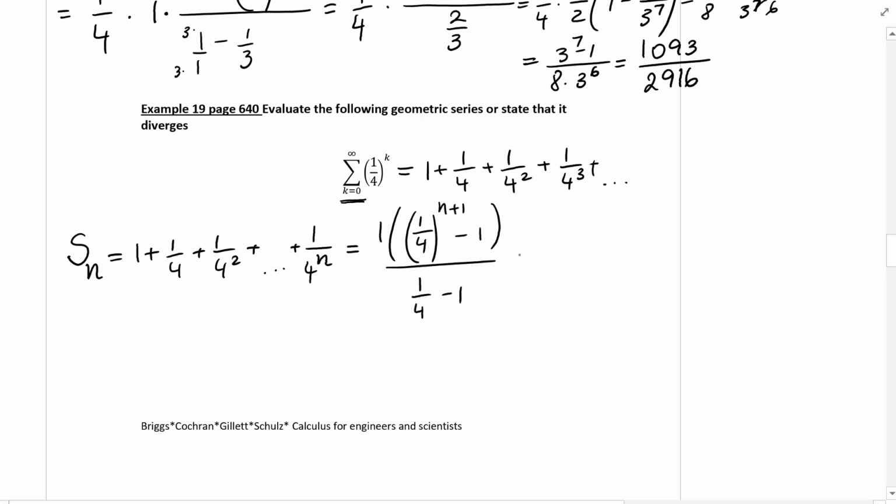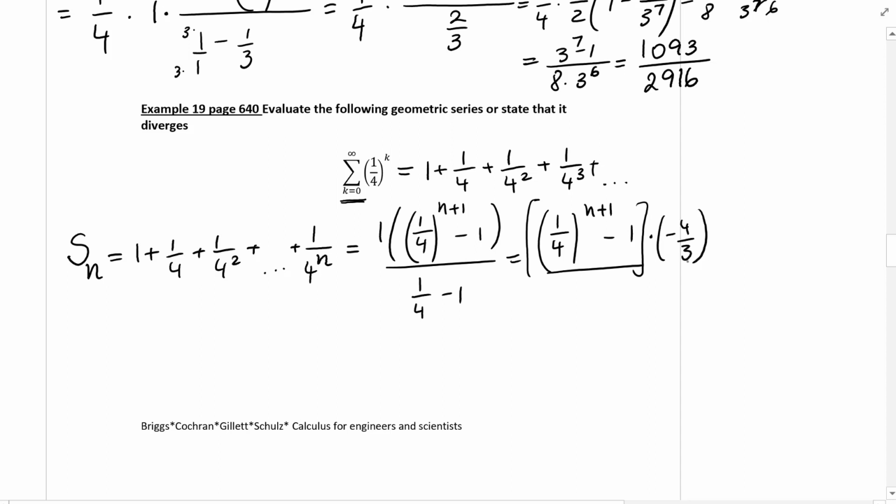So we can do a little bit of math here: minus 1 over, and then this one is negative 3 over 4, so I can multiply it times negative 4 over 3.